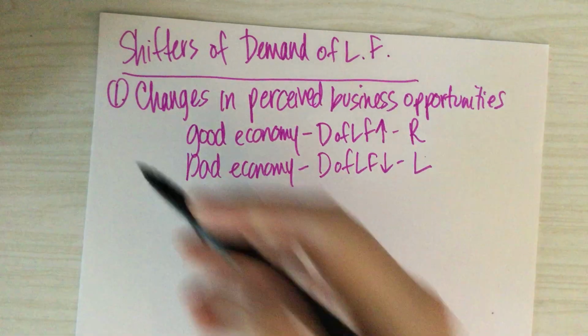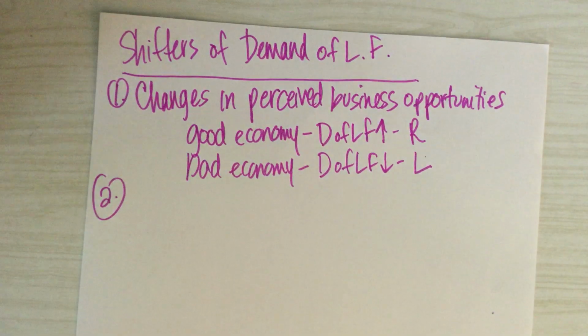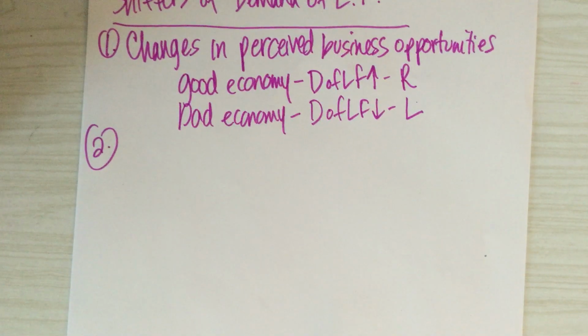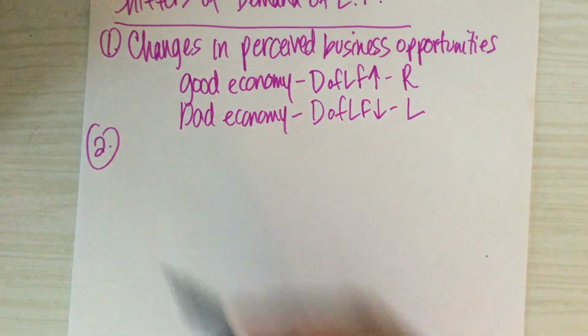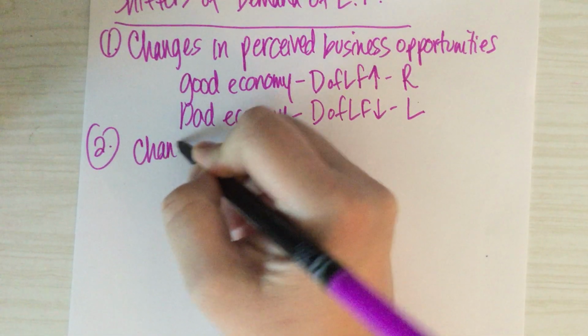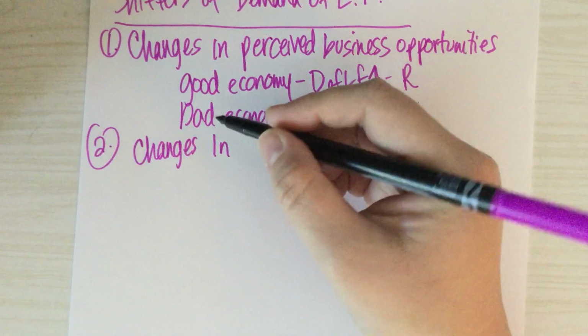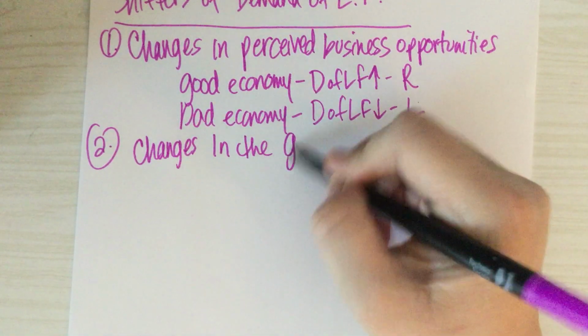The second shifter of the demand curve, and also the second sector that affects demand, has to do with the government. These are changes in the government's borrowing.